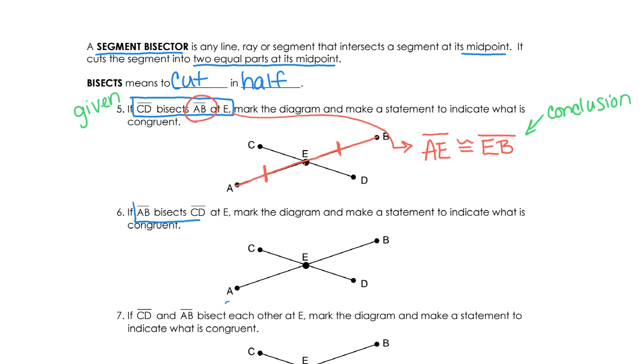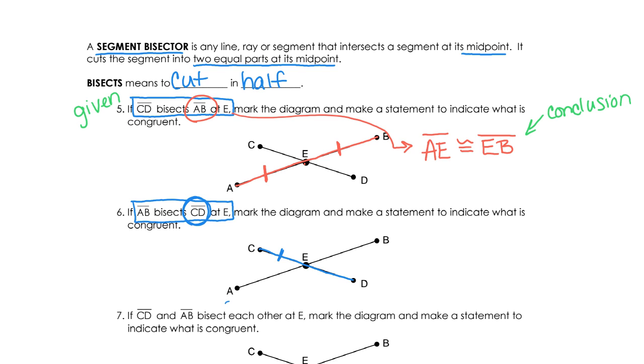If AB bisects CD at E, AB bisects CD, AB cuts CD in half is how we have to read it. And so if AB is cutting CD in half, it's CD that is being cut in half. So when we go and find CD, half of it is from CE, and the other half is ED.